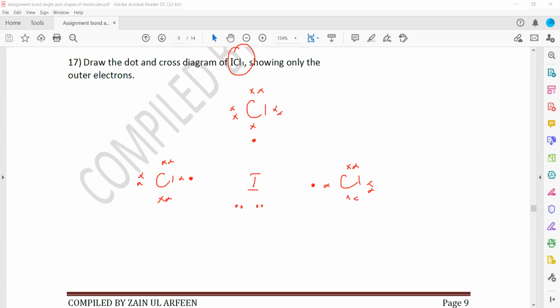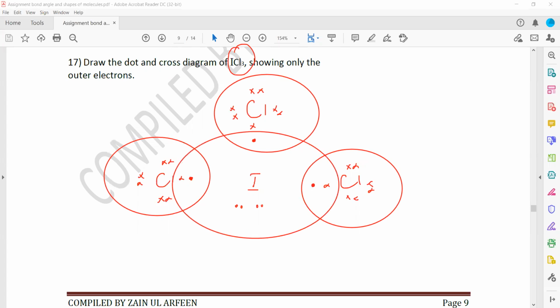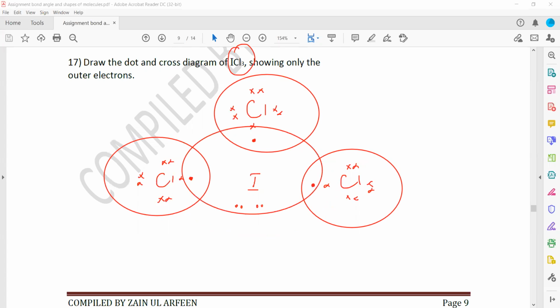When we complete the circle, for chlorine it will be 8. It cannot have more than 8, being among the first 20 elements. But for iodine, it can adjust. Exceptions are there, so it can adjust more than 8 electrons in the outermost shell. This is just an exception which is there for elements having atomic number more than 20.